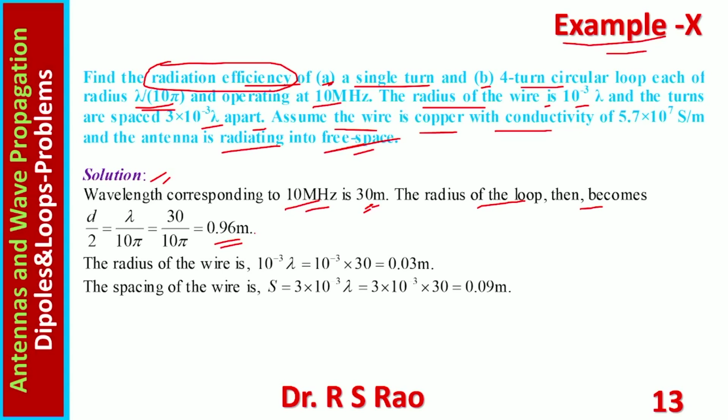D is diameter of the loop. Radius of the wire is given as 10 power minus 3 lambda. When lambda is 30 meters, it becomes 0.03 meters. Spacing of the wire is given as 3 into 10 power minus 3 lambda. When lambda is 30 meters, it becomes 0.09 meters. These quantities are required for us to calculate radiation efficiency.